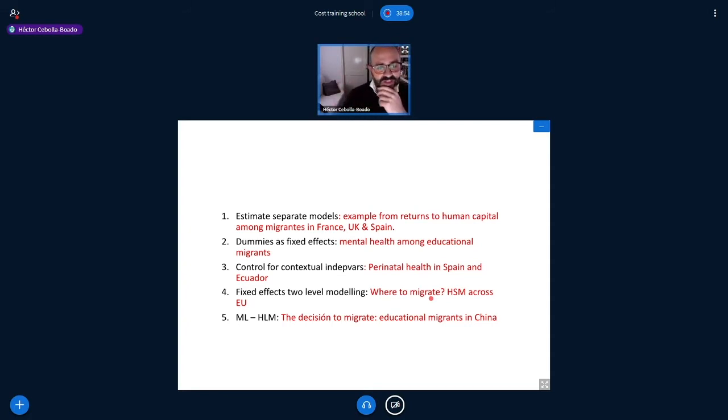The fourth solution is to run a proper fixed effect model. This is a more synthetic solution than the previous ones. I will show you an example discussing issues having to do with how migrants choose destinations.